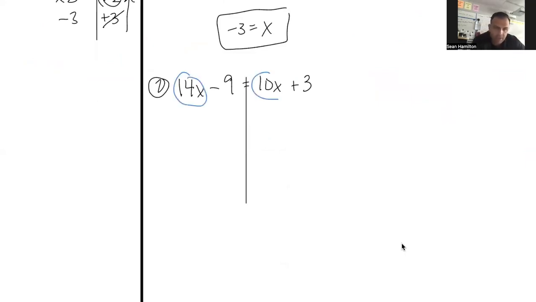And the step said cancel the smaller one. So which one's smaller, 14 or 10? The 10. That's a positive 10, so I'm going to cancel out positive 10 by doing minus 10. And then what I do to one side, I also have to do to the other. So I'm going to put a minus 10 on the other side as well.